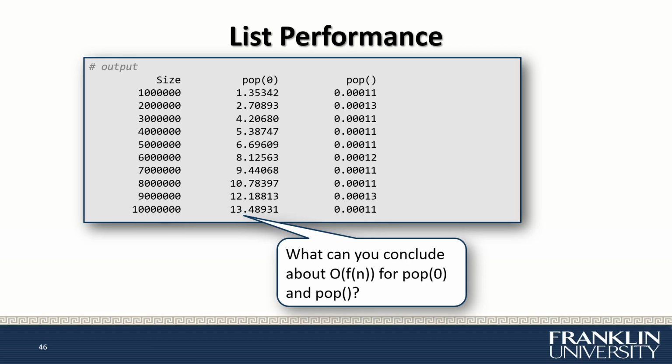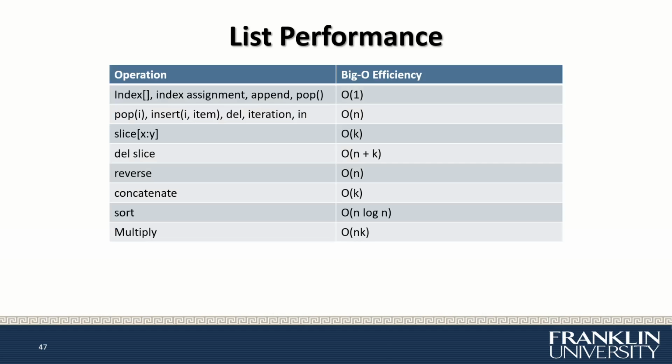For the pop at the end, it's a constant running time. And for list, these are the big O efficiency for the list. The index assignment, append, and pop are constant. Pop I, insert at I, del, iteration, and in are linear.